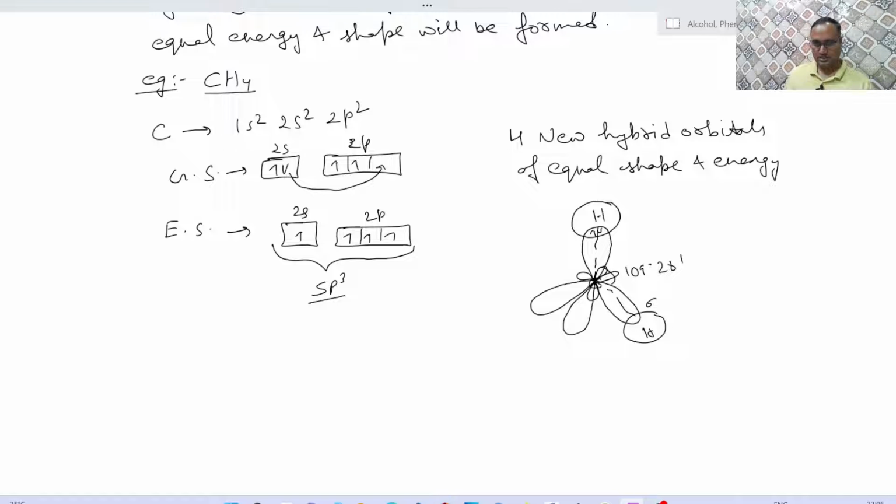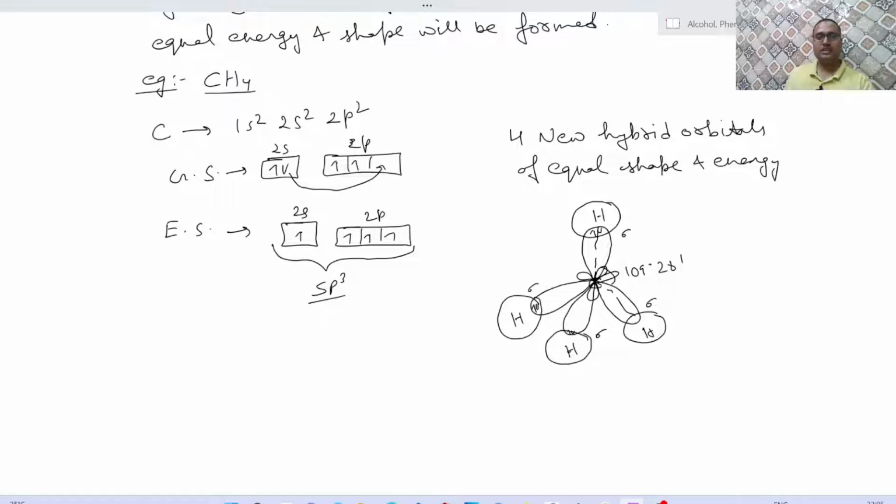So sigma, sigma over here, one more hydrogen atom forming a sigma bond, and this hydrogen forming one more sigma bond. Okay, so this is how the molecule of CH4 is formed, involving sp3 hybridization.